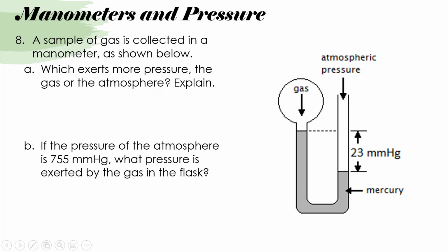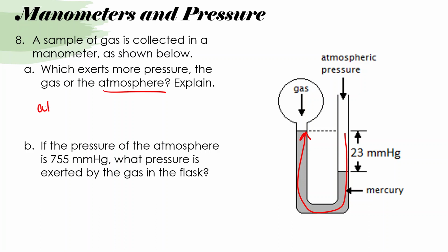So here we have a sample of gas that's been collected in a manometer, shown below here. Which exerts more pressure, the gas or the atmosphere? So the atmosphere is pushing harder in this case because it has forced the mercury up the tube towards the gas in the bulb.